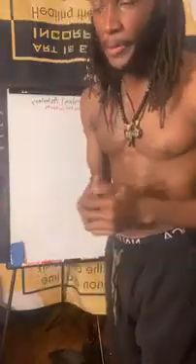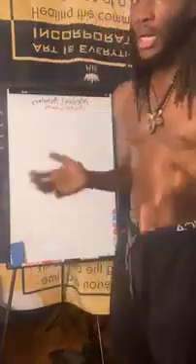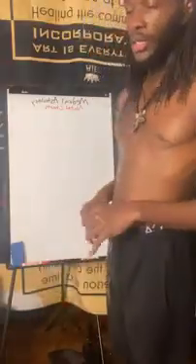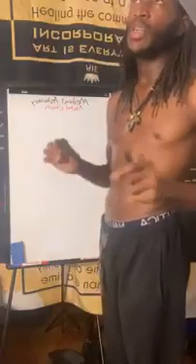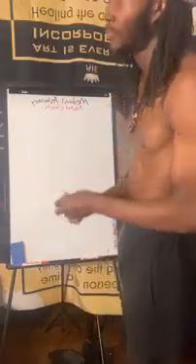Cool. So I'm about to go over what it is, and then how to read it. A natal chart is basically how the planets were aligned at the time of your birth.